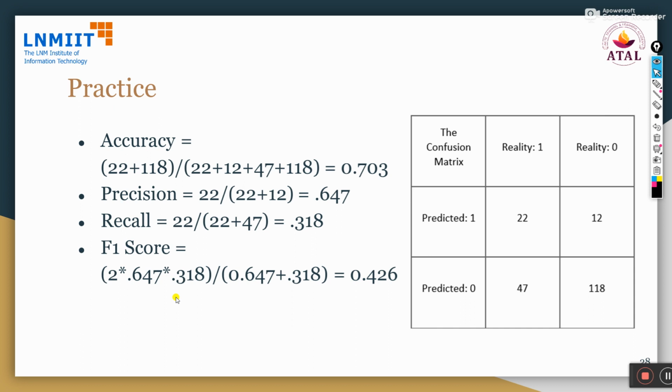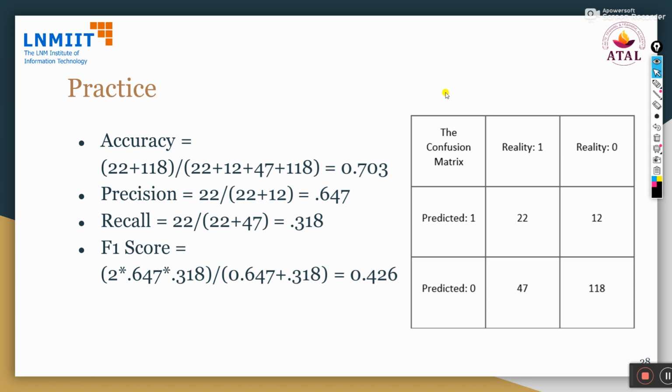Okay, sorry, hold on. So we have the accuracy of 0.7, right? We want a higher accuracy, the better our prediction is. So if accuracy is 0.70, precision is 0.6, recall is 0.3, and F1 score is 0.4, what conclusion can we draw from there?